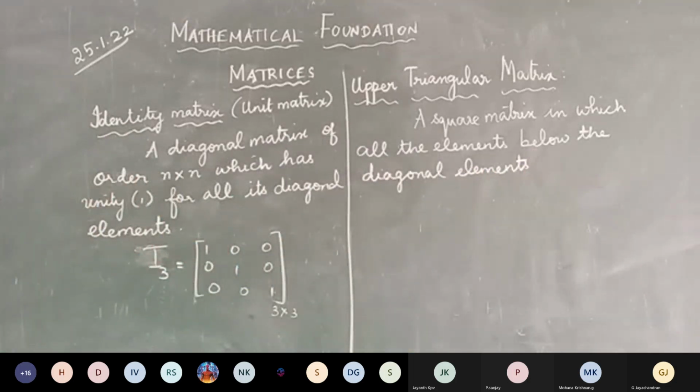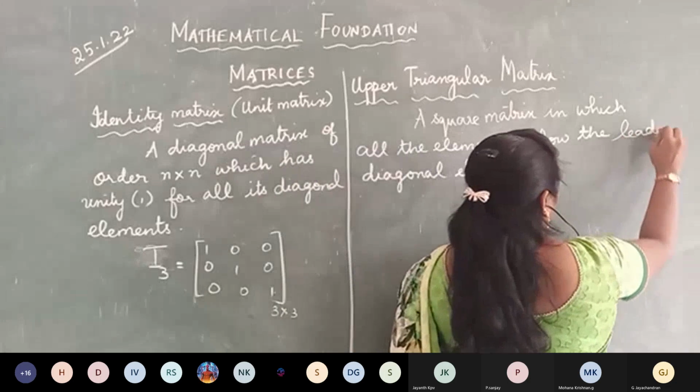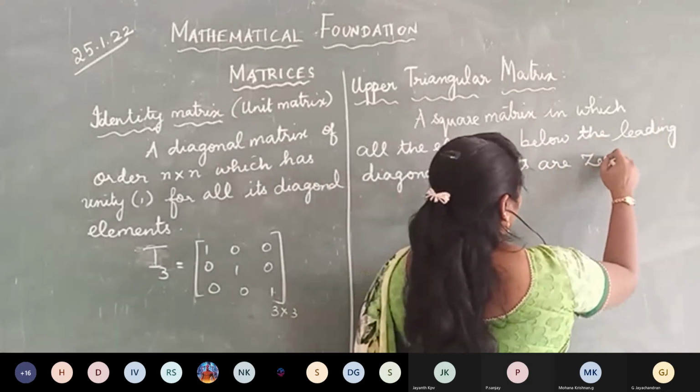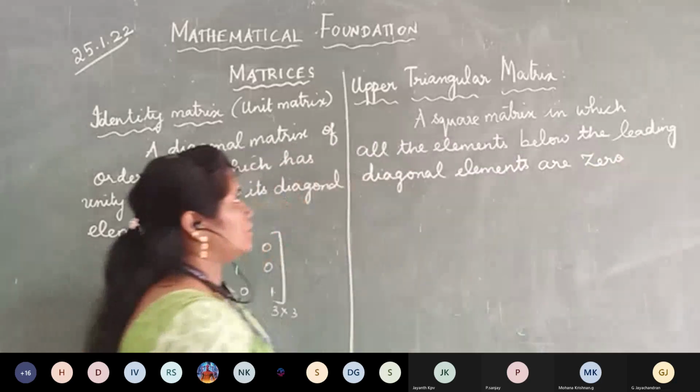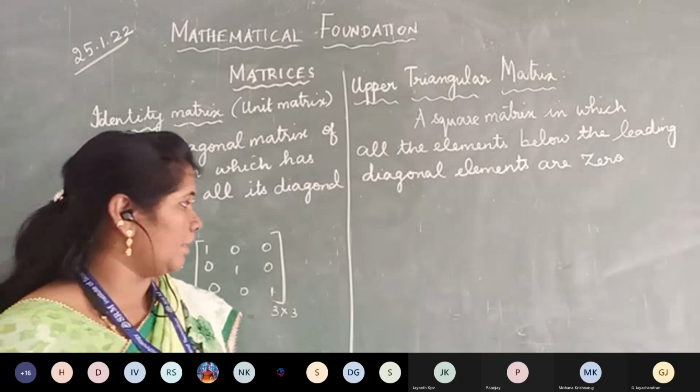Okay, all the elements below the leading diagonal elements are zero, then it is called an upper triangular matrix.